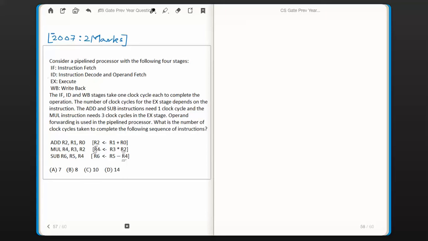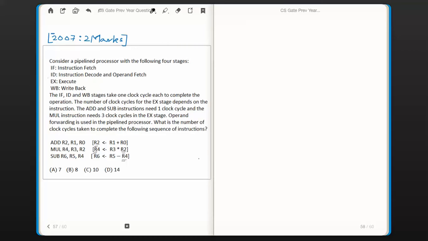Till the new value of R4 is available, the third instruction cannot proceed for completion, right? Similarly, till the new value of R2 is produced by the first instruction, the second instruction cannot proceed to completion, right? So we need to find the number of clock cycles that would be required to complete these 3 instructions using operand forwarding.